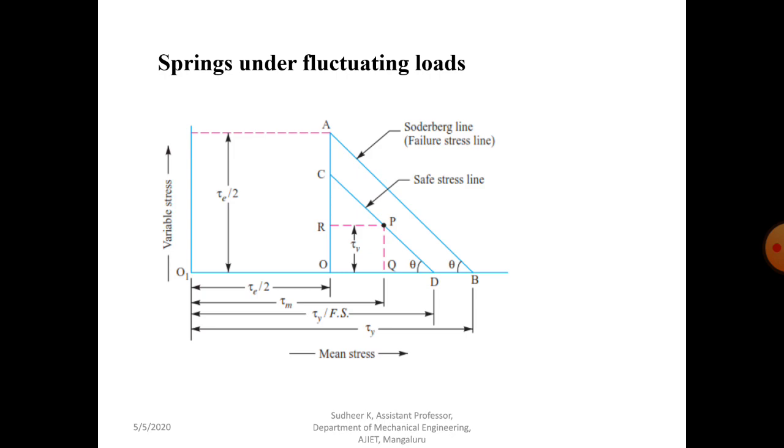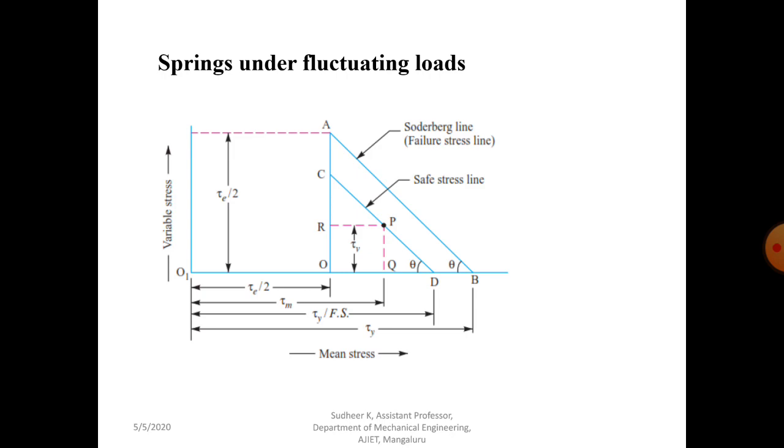The mean force Fm is F max plus F minimum divided by 2. Similarly, the force amplitude Fa is F max minus F minimum divided by 2.